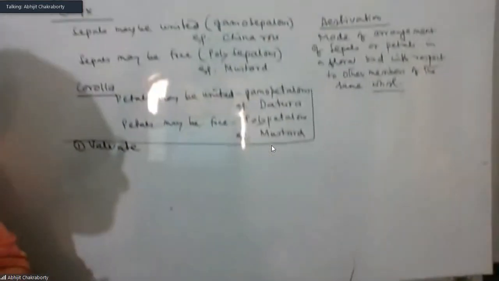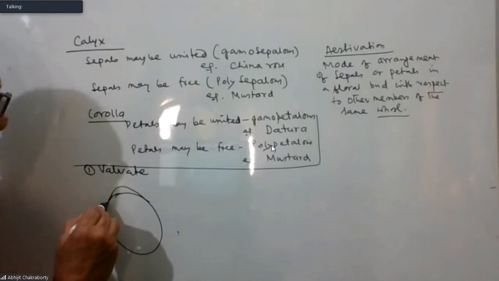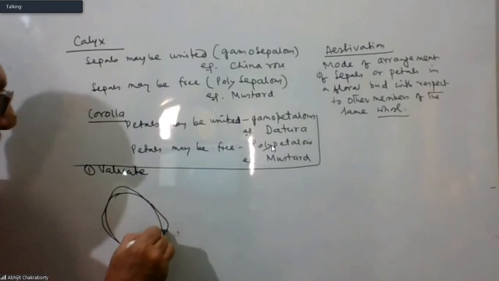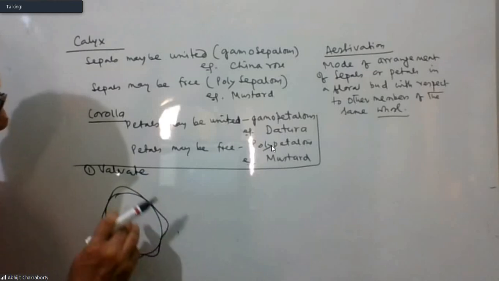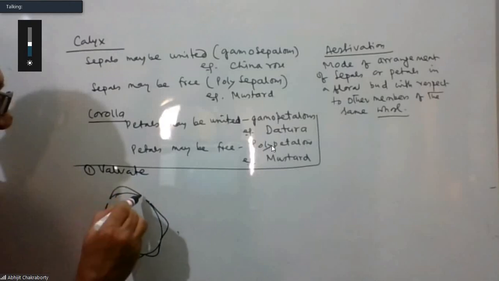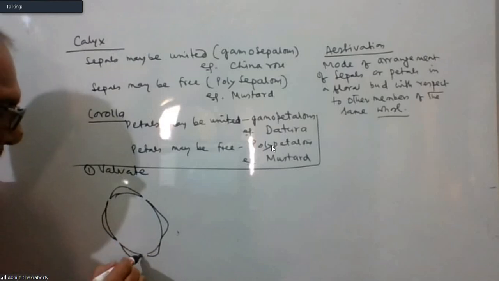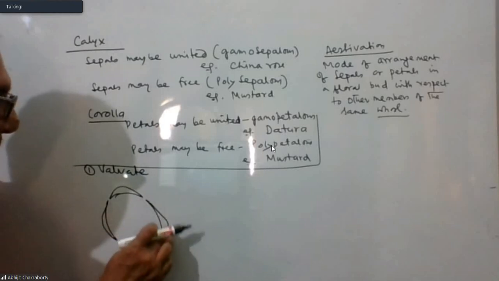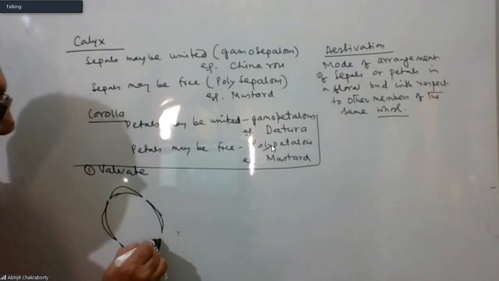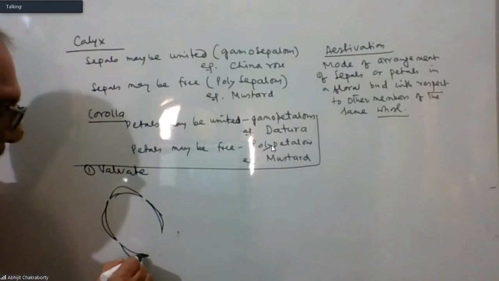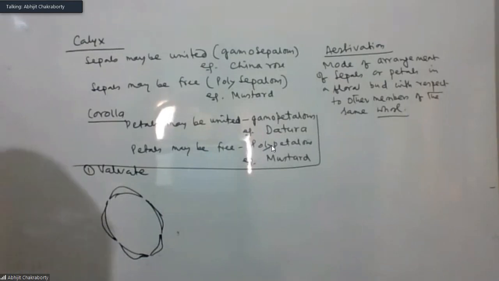What happens in valvate? You see, here the members are not found to overlap.